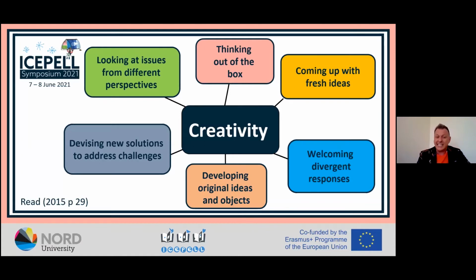Developing original ideas and objects, perhaps we could call an ICE kit, an original idea and an object. Devising new solutions to address challenges. I think the entire intercultural domain in primary English language teaching is a challenge in and of itself, and creativity can help there. And looking at issues from different perspectives, so important for intercultural learning. And so creative materials design can really help with that too.